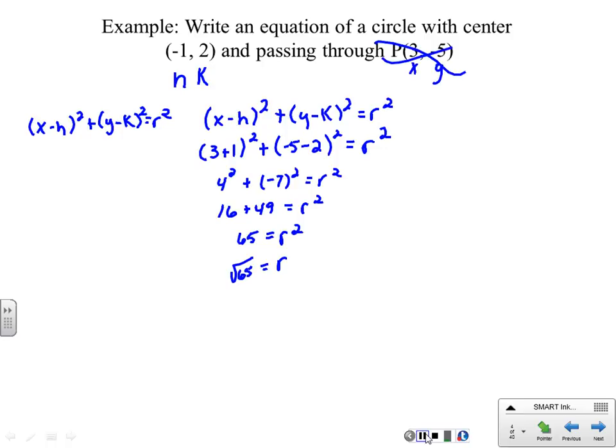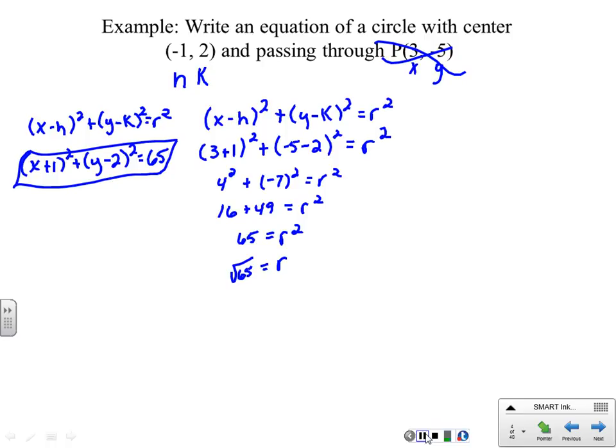Center and the radius. So I don't need this to write my equation anymore. Now that I know the radius, I don't need x and y anymore. Right? So what is it going to be? Excellent.